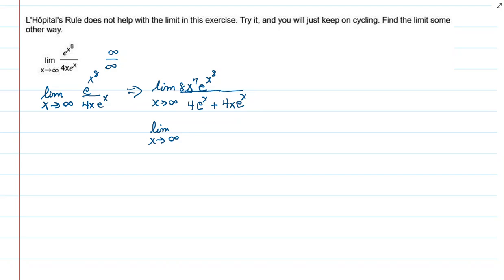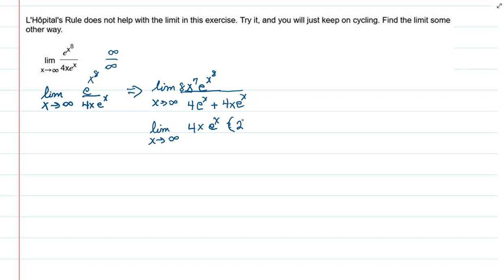Let me erase that guy because I'm going to pull out a 4x and that'll give me what I need, I'm pretty sure. That'll give me 4e and an e to the x. I don't remember doing too many doubles.